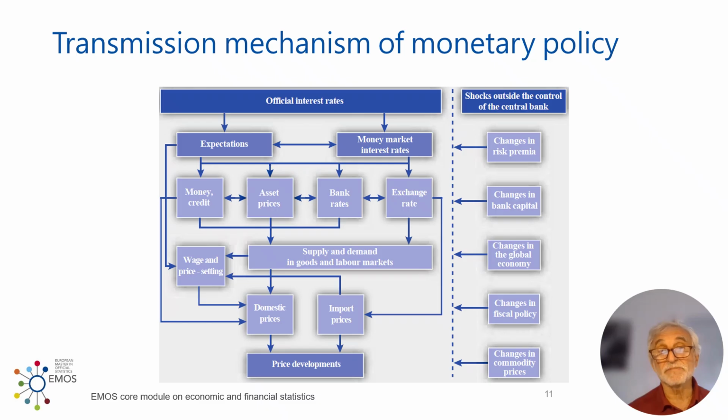It will have effects on bank interest rates, so the interest rates the banks charge their final customers for loans, or pay their depositors, will change. And since we are living in an interconnected world, changing interest rates in the euro area might have effects on the exchange rate of the euro relative to other currencies in the world, like the US dollar, first of all.